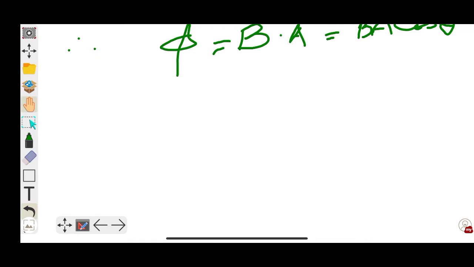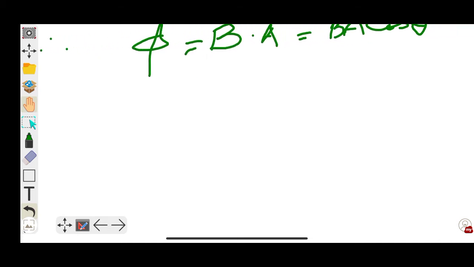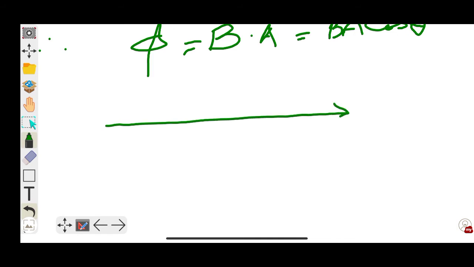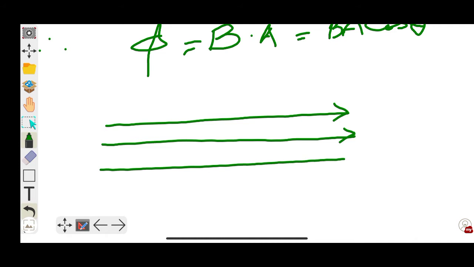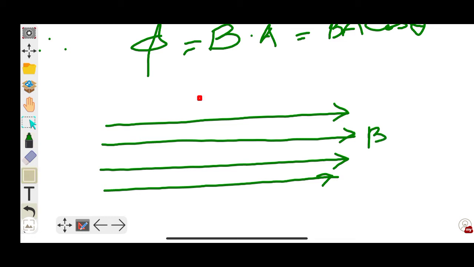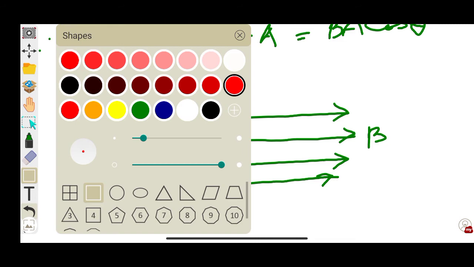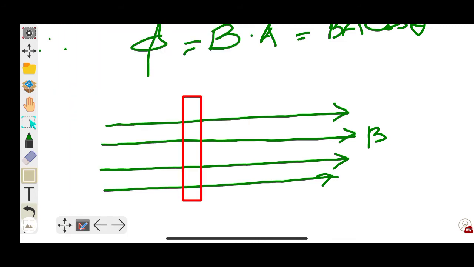If I show it like this, say for example you have these as the magnetic field lines B, and suppose you have kept an area like this. This is the area and this is the area vector.